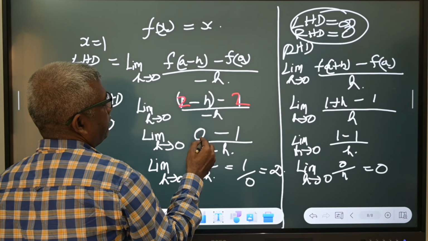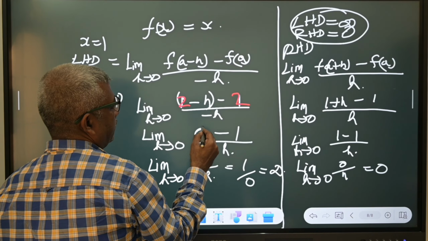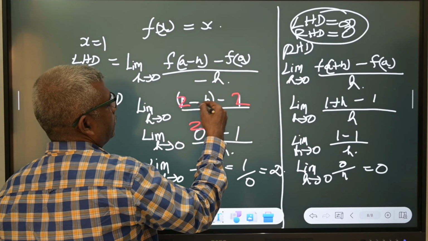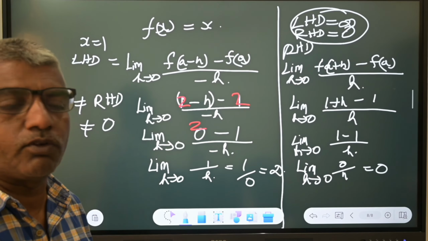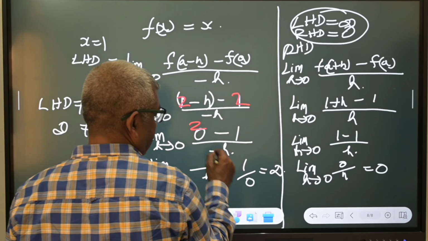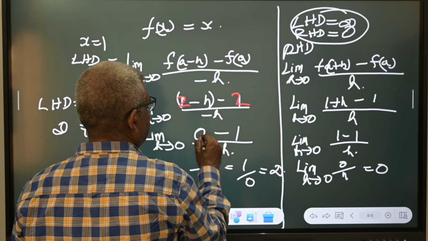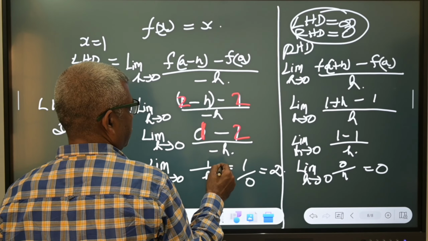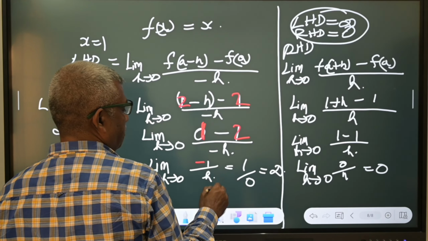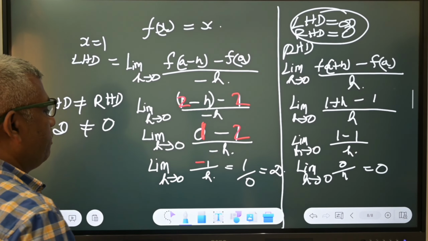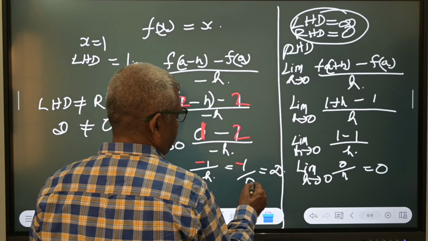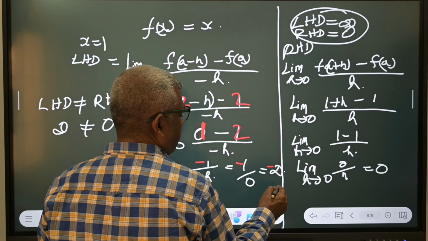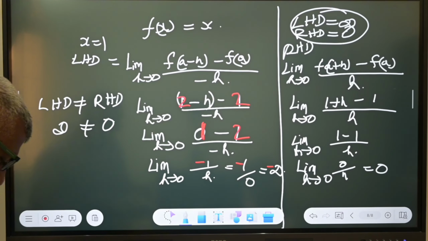If h is 0.1, then 2 minus h is 1.9, and the greatest integer of 1.9 is 1. So 1 minus 2, that is minus 1, by h. So it will be minus 1 by 0, so it will be minus infinity.